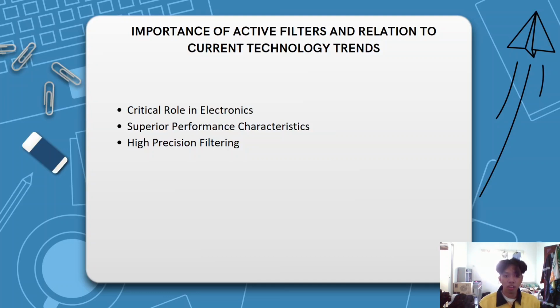Unlike passive filters, they provide signal amplification, high input impedance, and low output impedance while eliminating the need for bulky inductors. The last is high precision filtering. They allow for high order design with sharp roll-off and precise frequency discrimination, making them ideal for advanced applications requiring strict selectivity. Thank you.